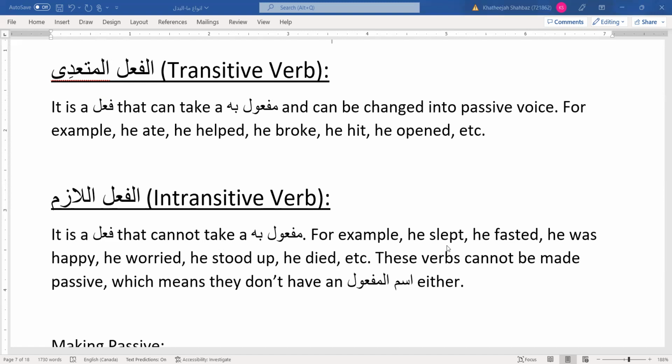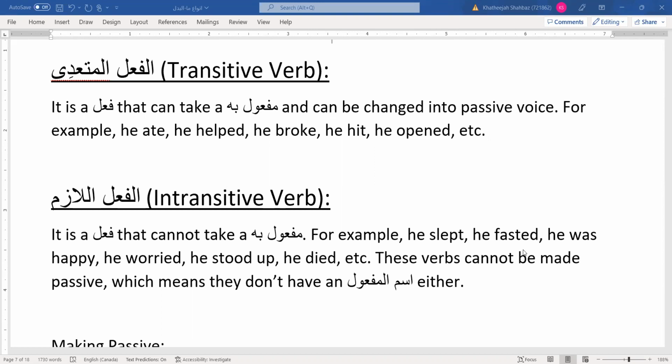Does it generate the question who or what? No. You cannot add a maf'ul bihi after it directly. And you cannot change it into passive voice either. He was slept. This doesn't mean anything.